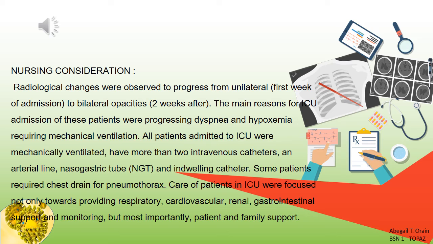All patients admitted to ICU were mechanically ventilated and had more than 2 intravenous catheters, an arterial line, a nasogastric tube, and an indwelling catheter. Some patients required a chest drain for pneumothorax.